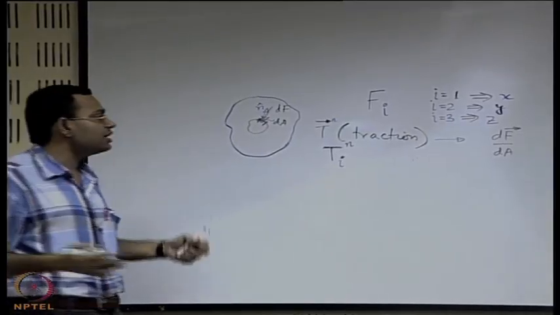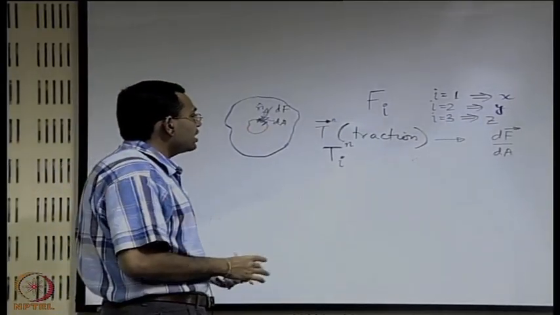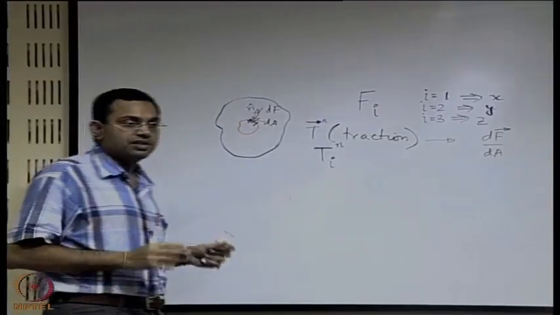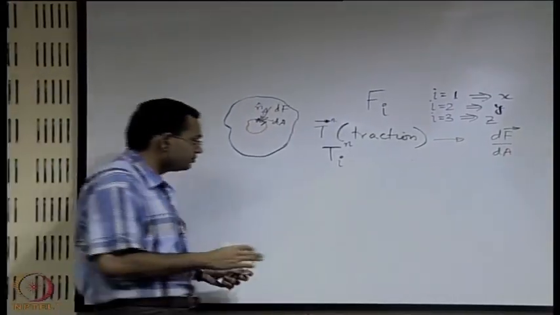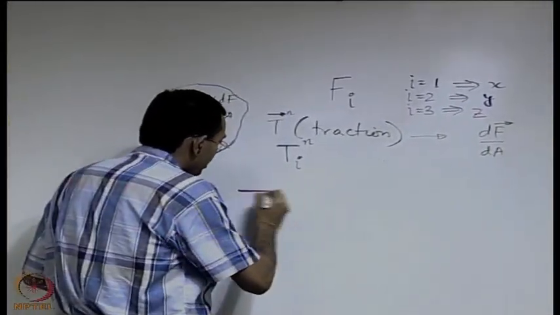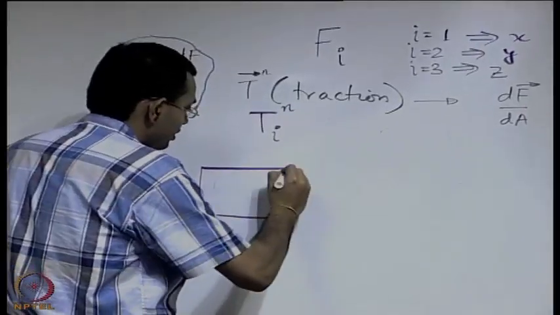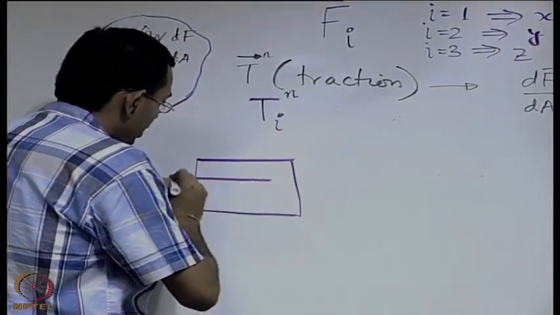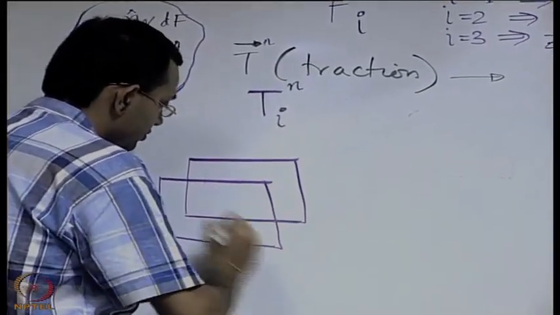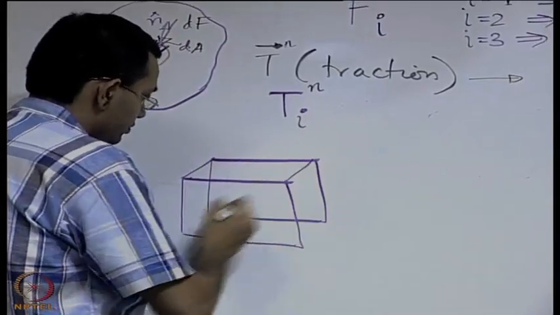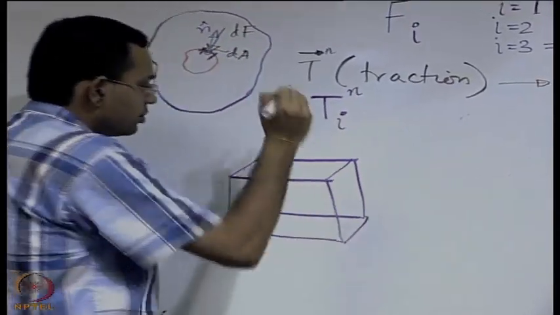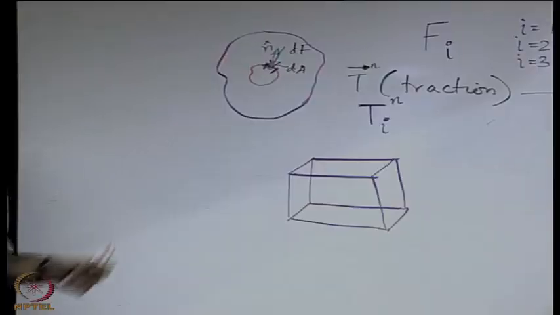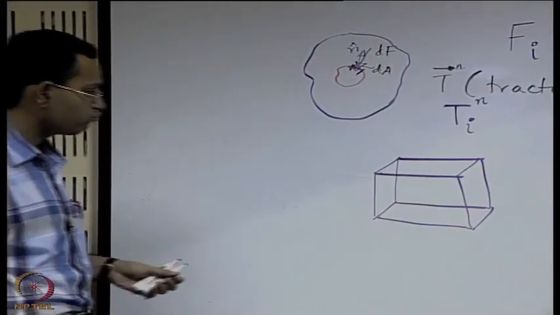How general is it? To understand that, we will take some special examples. Let us say that we take an element of a fluid which is of a rectangular shape like this.